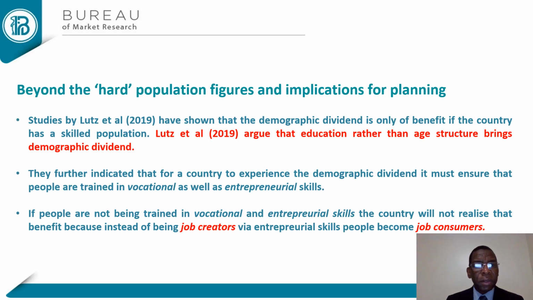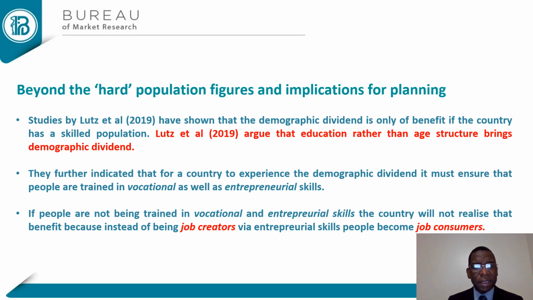In support of a skilled population, studies by Lutz and others have clearly shown that the demographic dividend can only be of benefit to the country if the population is skilled. In fact, Lutz and others add that education rather than age structure brings about demographic dividend.